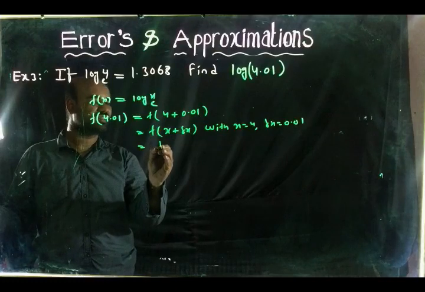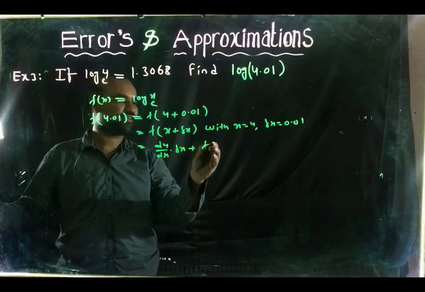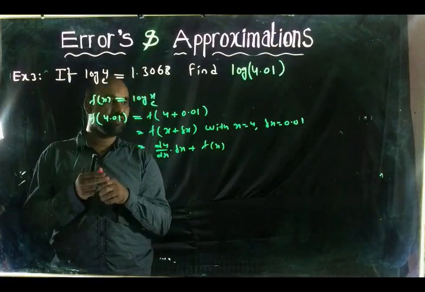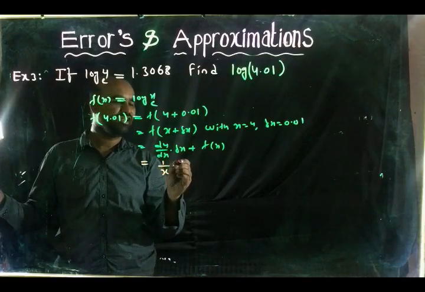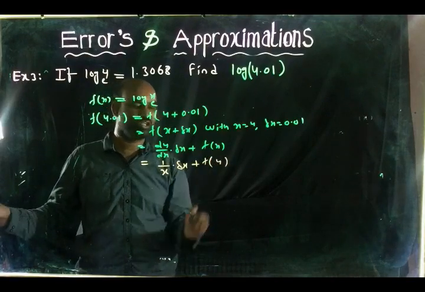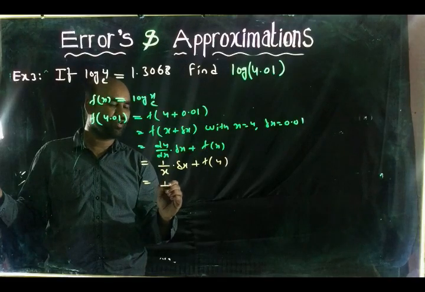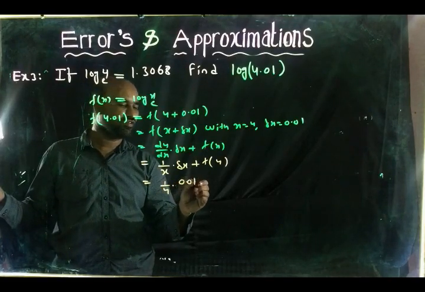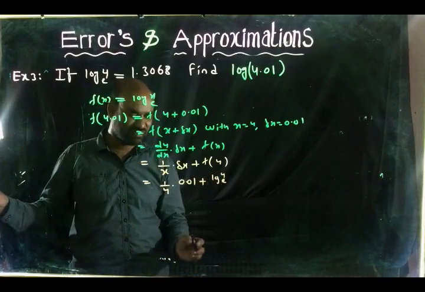So already you know that this is nothing but dy by dx into delta x plus f of x. Okay, so dy by dx of logarithm of x to the base c is 1 by x only, into delta x as it is, plus f of x, which means 4 here. So this is 1 by x, x means 4, 1 by 4, delta x means 0.01, plus logarithm of 4 base c.